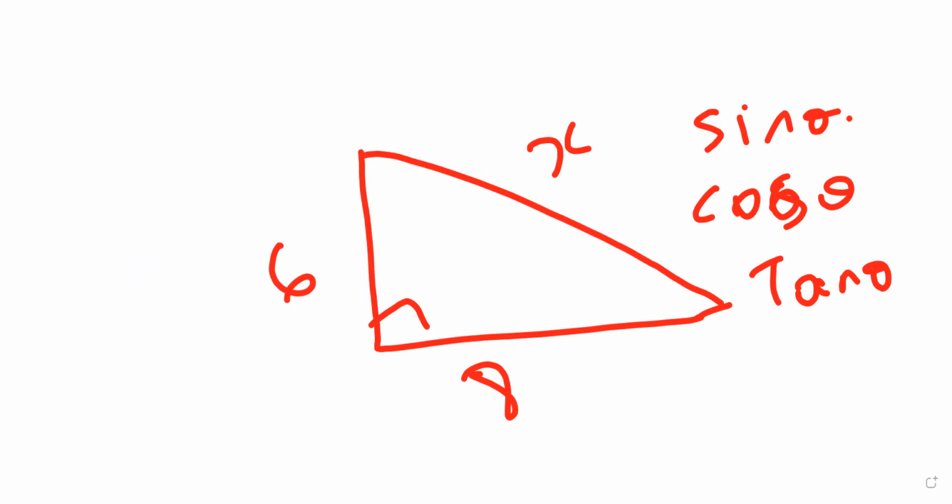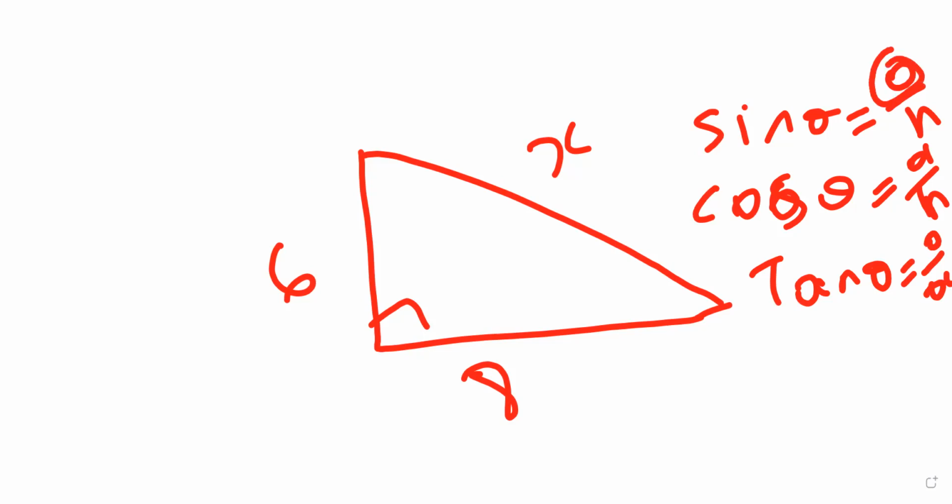Let's try to see all the sides that are associated with each function. If you remember SOH CAH TOA, that is something you could use to remind you of which side is associated with which function. Now, if you look at it carefully, remember that this represents the opposite side.